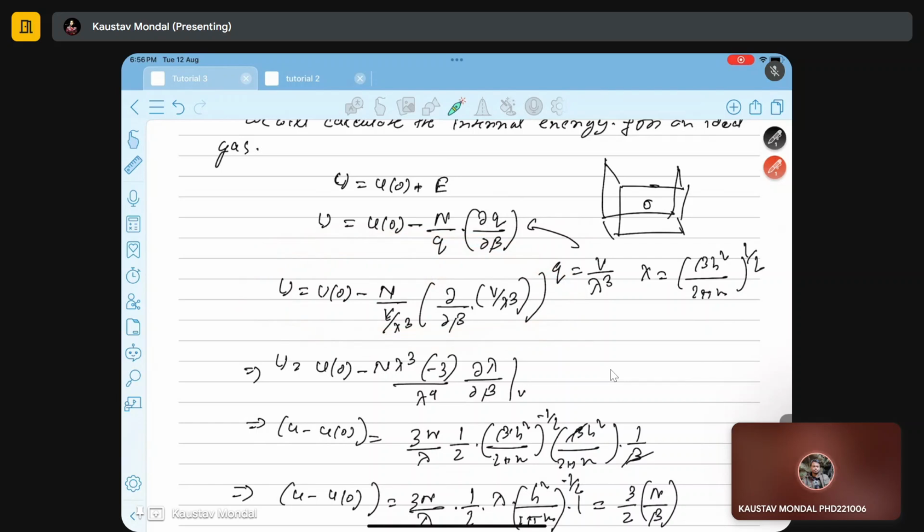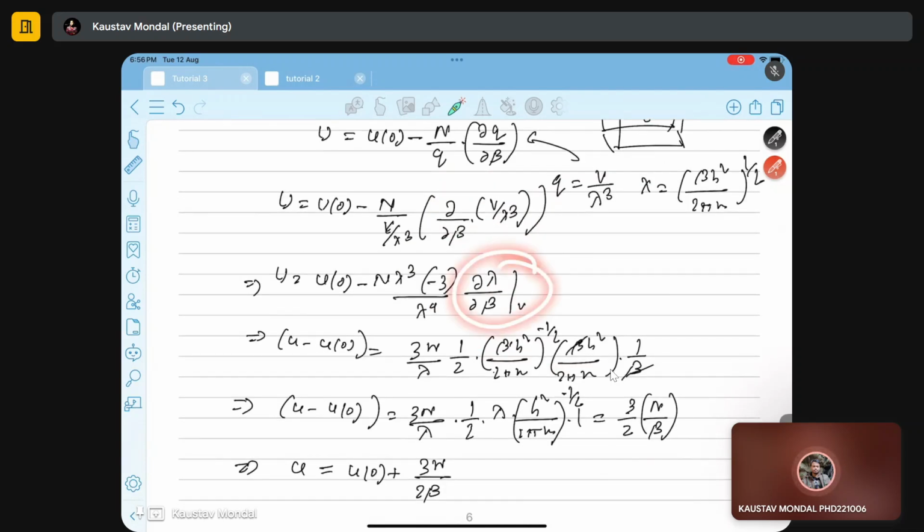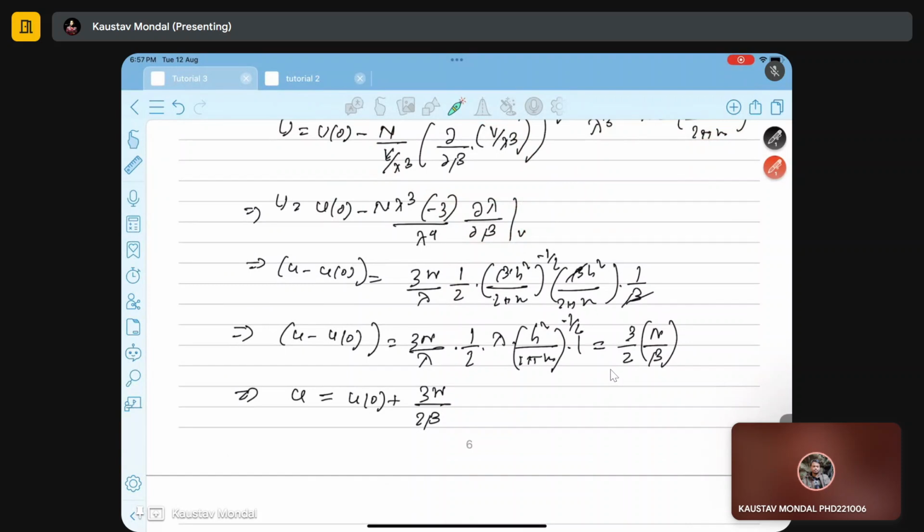Now from here, if you do the derivative of V by lambda cubed with respect to beta, you will get a d lambda by d beta term here. You substitute the expression of Q in here, and you have to do the derivative of lambda, because lambda is a function of beta. If you do so, you will get this kind of term. If you cancel all the common terms, then the U minus U0 expression you will get like this, 3 by 2 N by beta.